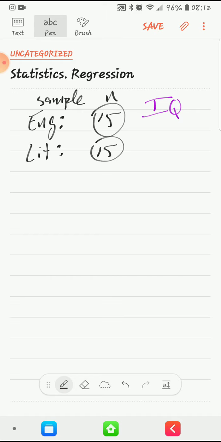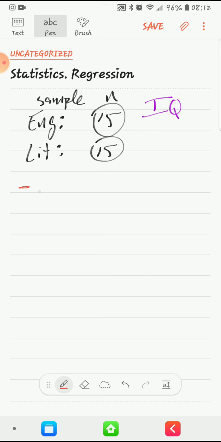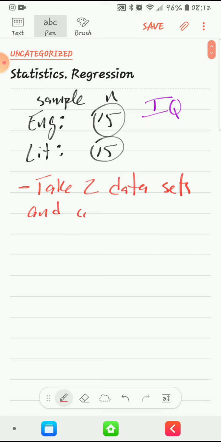When you're talking about regression, it takes two data sets and compares them. I shouldn't say it only compares them.